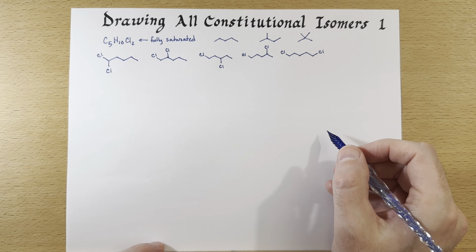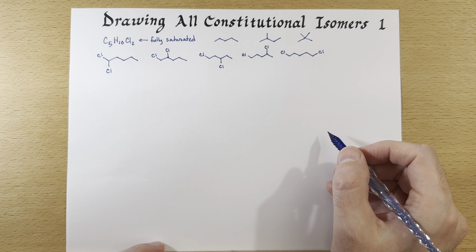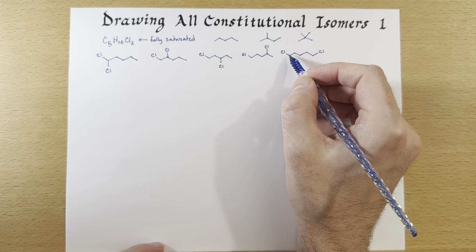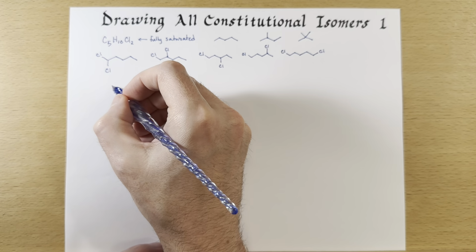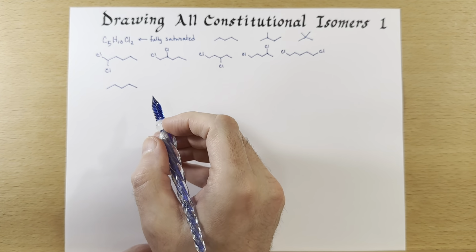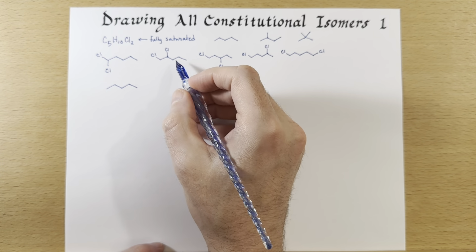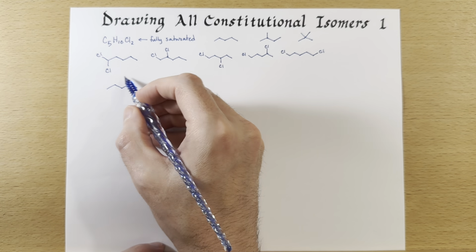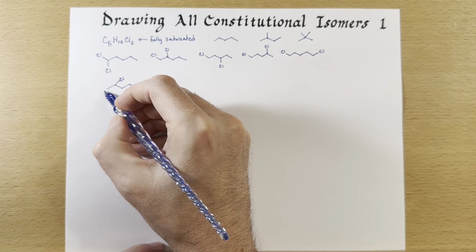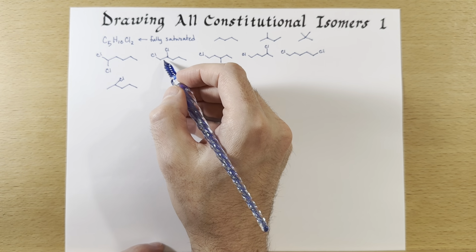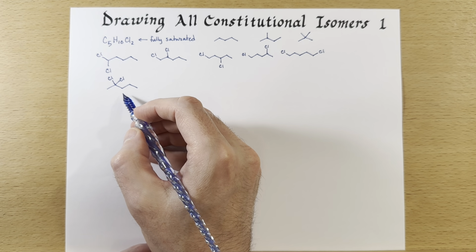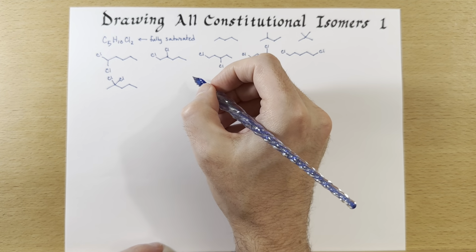Now, you might think, oh, we're done. Well, no, we're not, because there are isomers where one of the chlorines is not on carbon number 1. Now, we don't have to draw the one where one of the chlorines is on carbon number 2 and the other one's on carbon number 1, because we already drew that one, right? So now we'll start with them both on carbon number 2, and then we'll move on down.